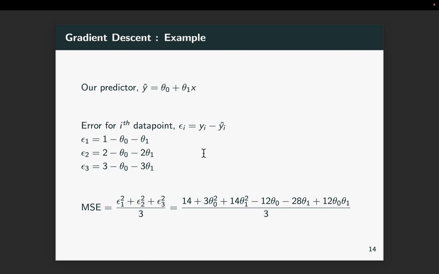Whenever we get such functions, you should think of, we pass in a vector as an input, we get a scalar as the output. We can compute the gradient.